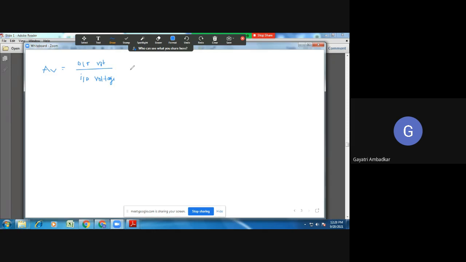So what is the output voltage, or in general I will calculate it in terms of X.